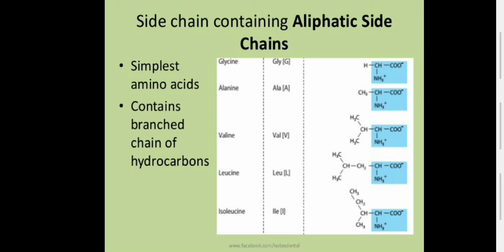Let's start with the very first side chain, the side chain containing aliphatic chains. The aliphatic side chain is the simplest amino acid. It contains a branched chain of hydrocarbon. As you can see in this illustration, these are the amino acids containing an aliphatic side chain: glycine, alanine, valine, leucine, and isoleucine.